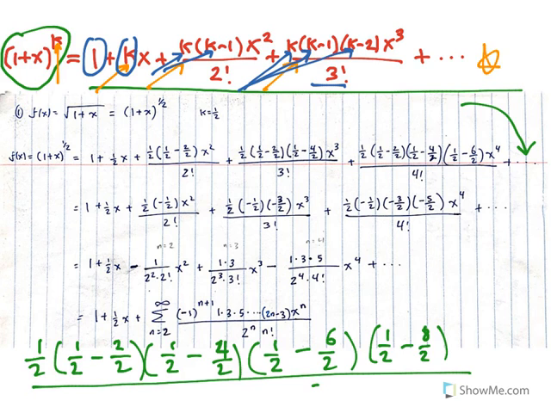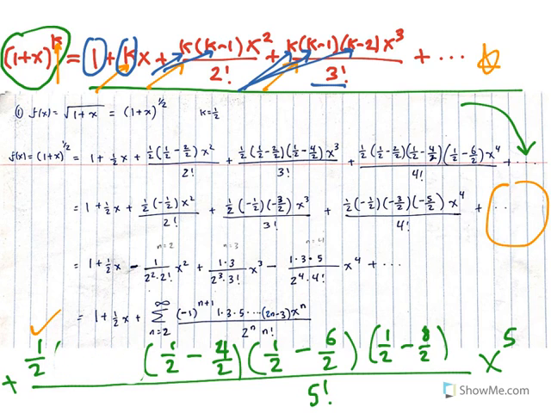And all of that will be over 5 factorial, and I'll have, of course, x to the fifth. Now, when you simplify that to see what we should have for this line, 1/2 times 1/2 minus 1 will be negative 3/2. And 1/2 minus 4/2 will be negative 5/2.